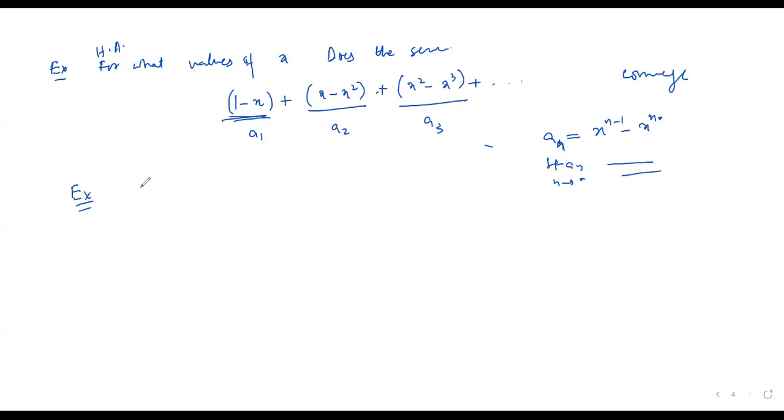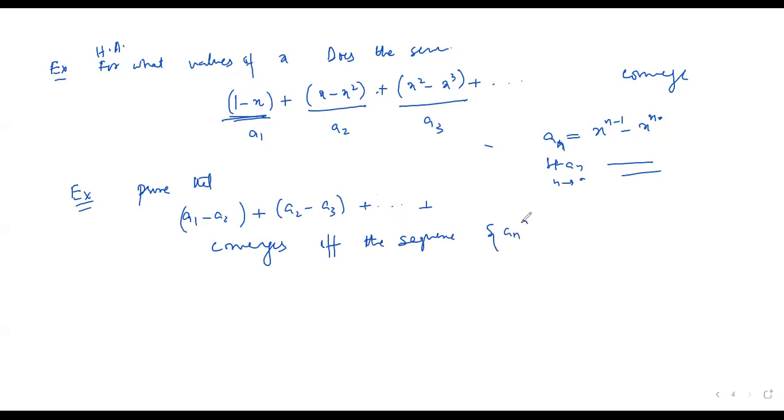Show, prove that a1 minus a2 plus a2 minus a3 plus so on and so forth, this series converges if and only if the sequence an, n runs from 1 to infinity, converges, only then does this series converge.